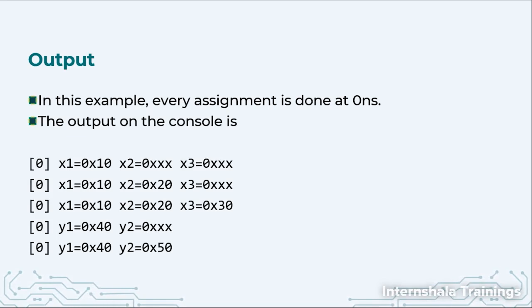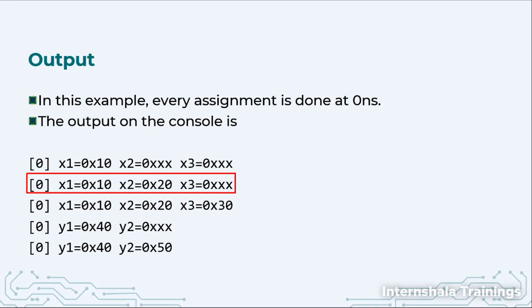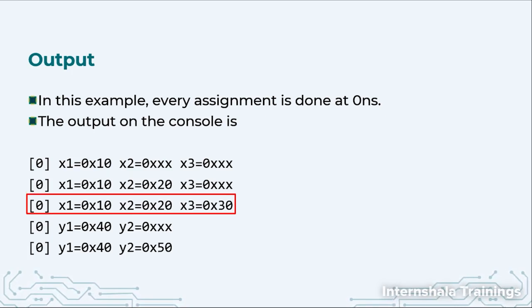The first one is x1 is a definite value 10, x2 is undefined, x3 is undefined. Next time x1 and x2 are defined and x3 is not. And in the next one x1, x2, x3 all are defined. These 3 were blocking statements in one block, so they are executed one after another.